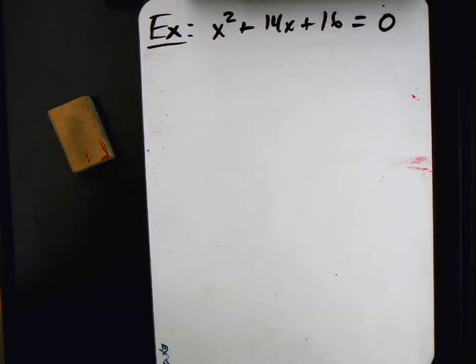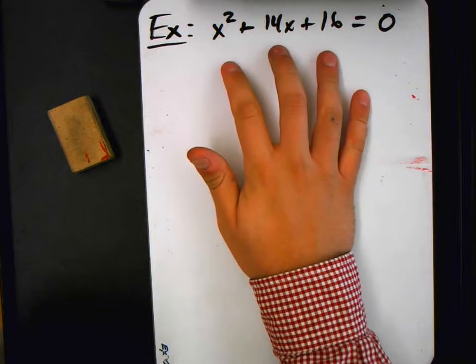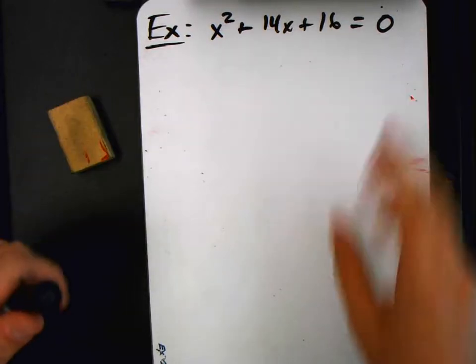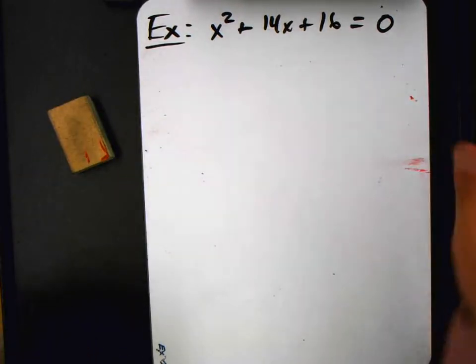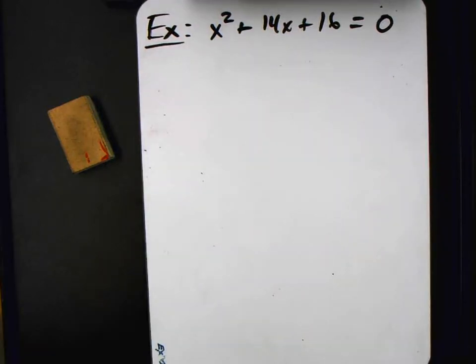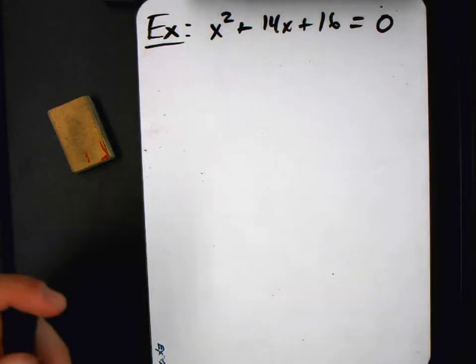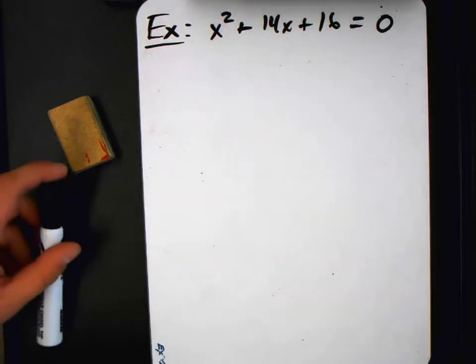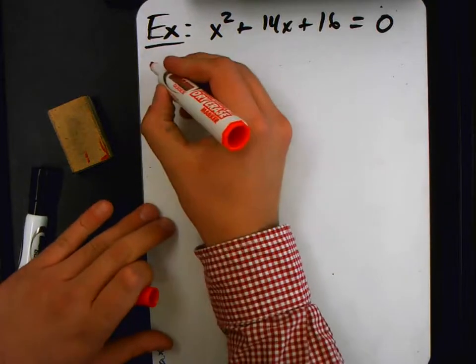Now, normally, we would want to keep it just like this, multiply the two outside numbers together, and find the factors of those numbers and factor by grouping and all those fun steps for factoring. If you would like another way to solve this instead of factoring, what we're going to do is complete the square.